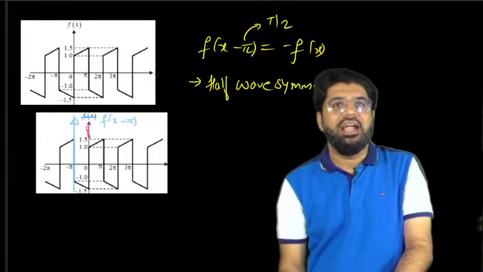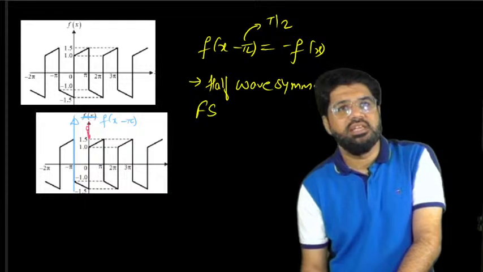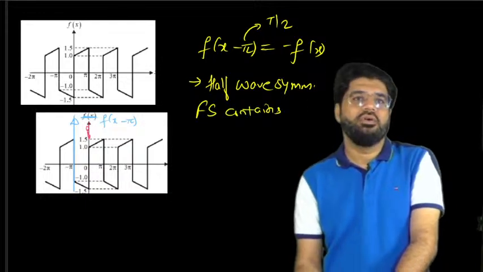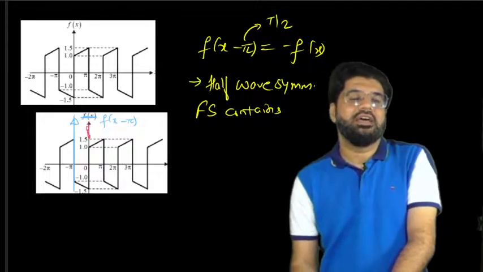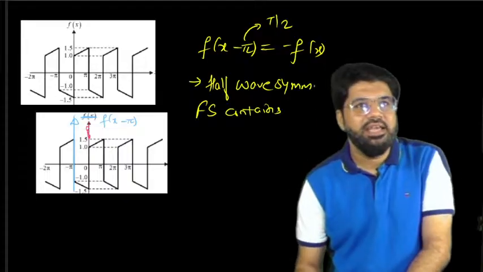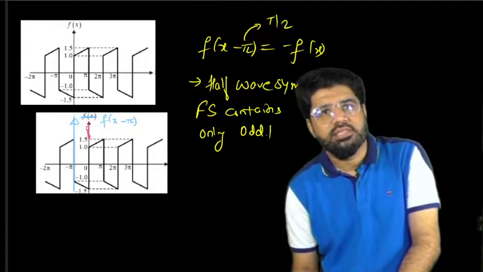Clear? Whenever half wave symmetry is there, what about the Fourier series? Which harmonics does it contain? The Fourier series contains only odd harmonics.